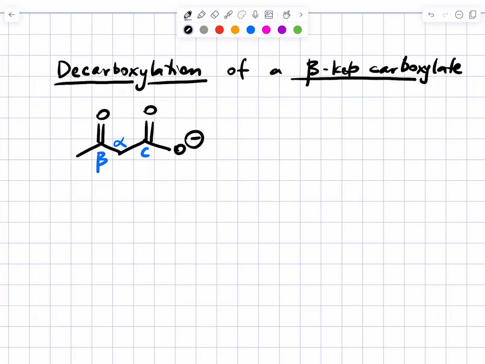Now what's going to happen here is somewhat bizarre, though it follows principles that we've learned so far. We're going to think about the carboxylate. Normally we haven't done chemistry like this at a carboxylate, but the presence of a beta keto group changes this carboxylate.